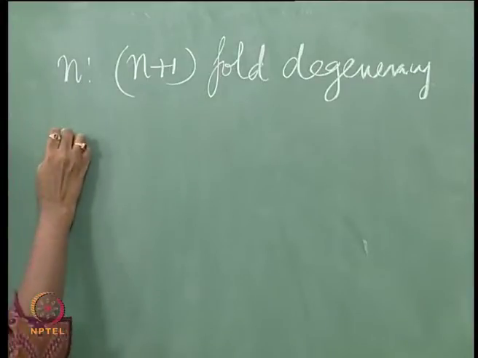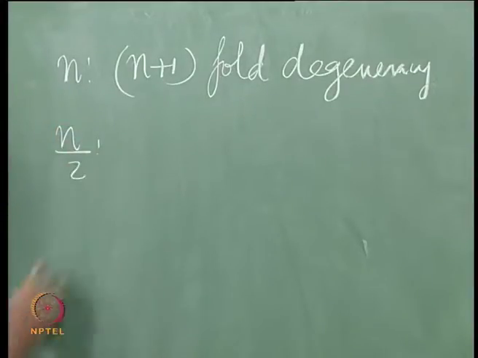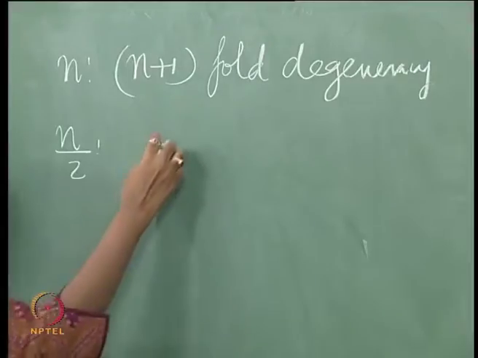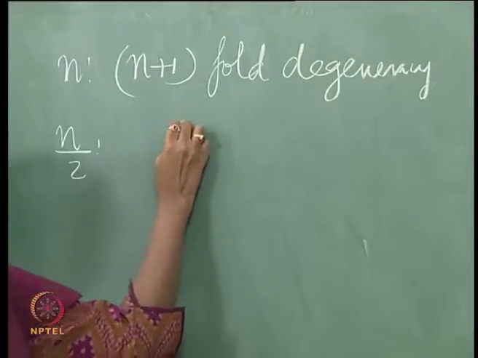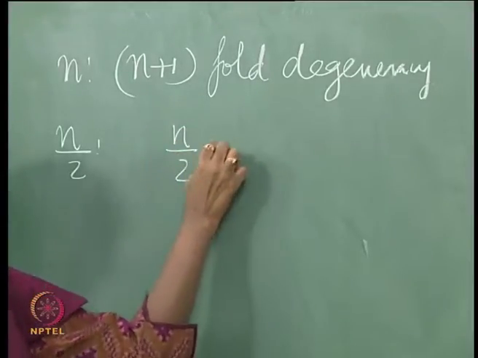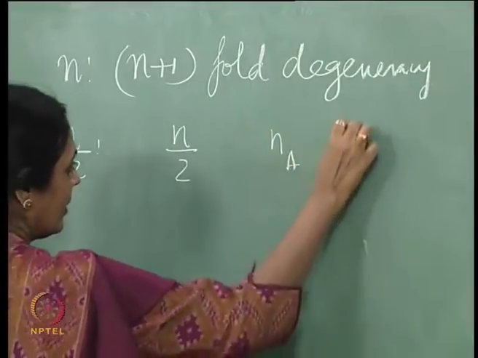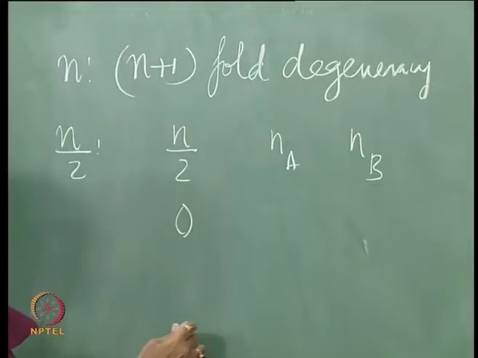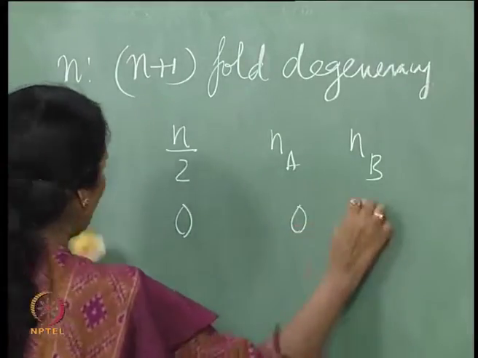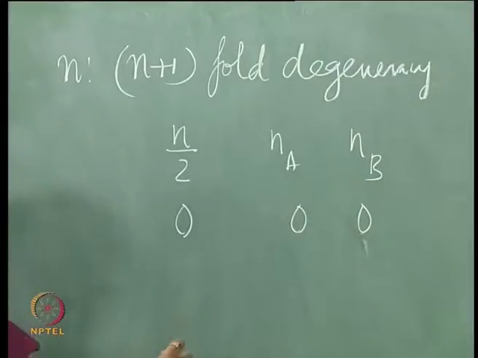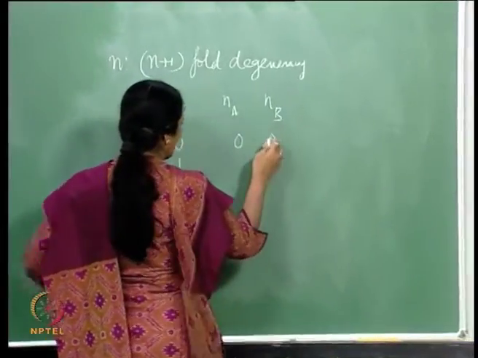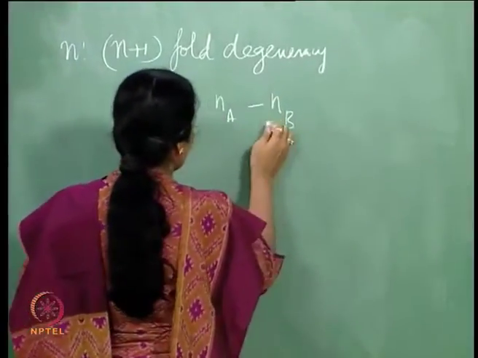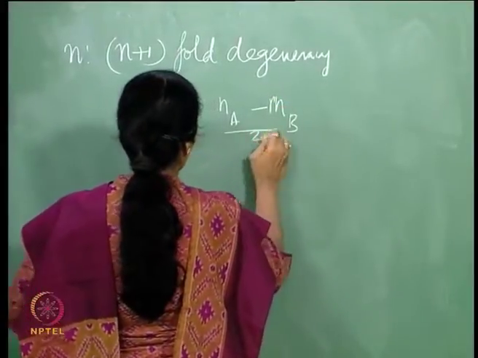Consider the object n by 2. So, let us make a column n by 2, Na, Nb. When n is 0, n by 2 is 0, Na is 0, Nb is 0. We might as well make a column Na minus Nb by 2.